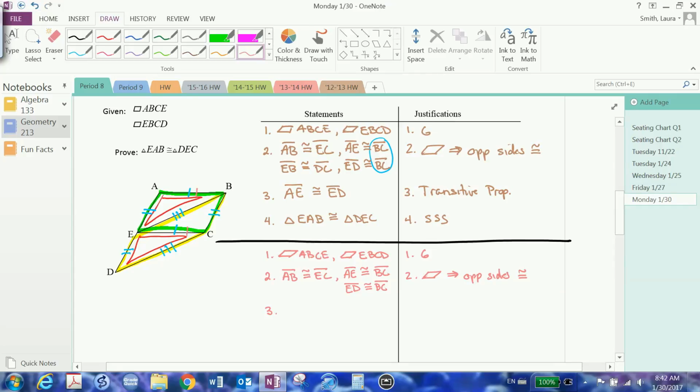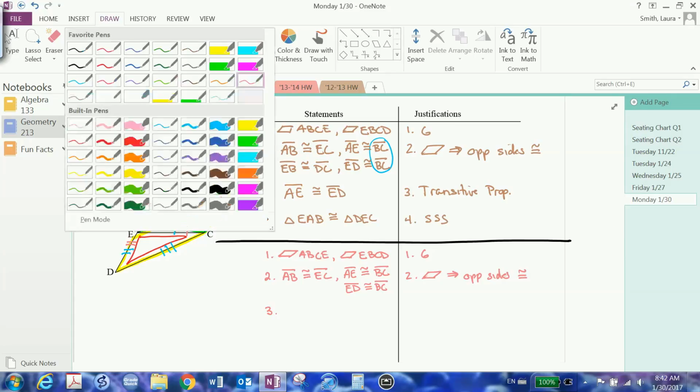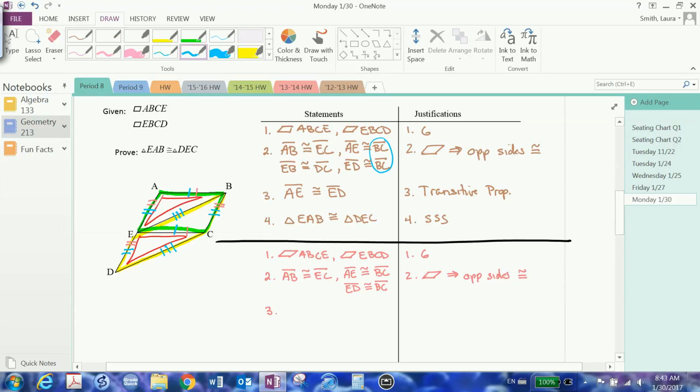All right. So what I have now is I have two sides. I have this side. How do I want to mark that? Let's do it this way. I have this side, and I have this side that I can now get through transitive.